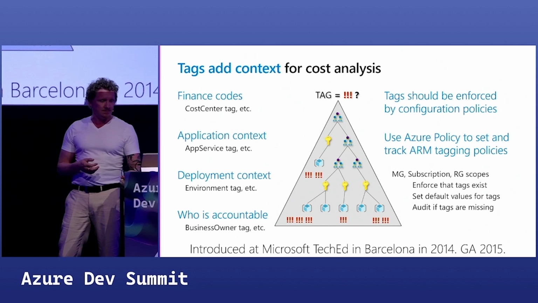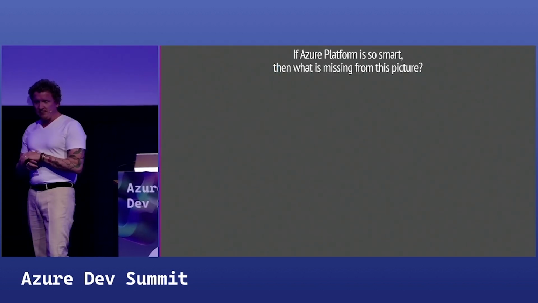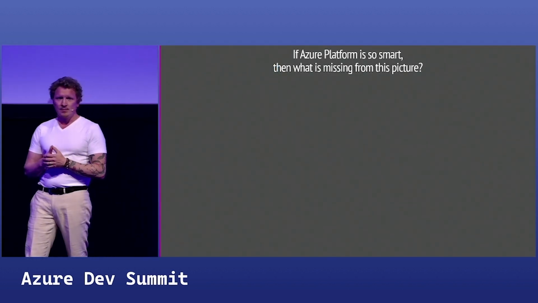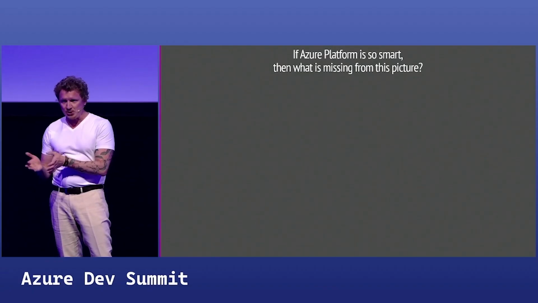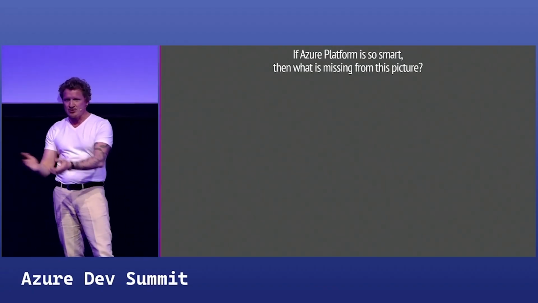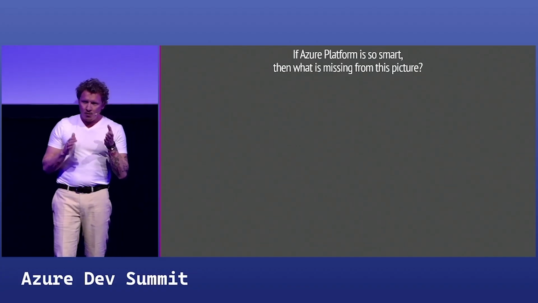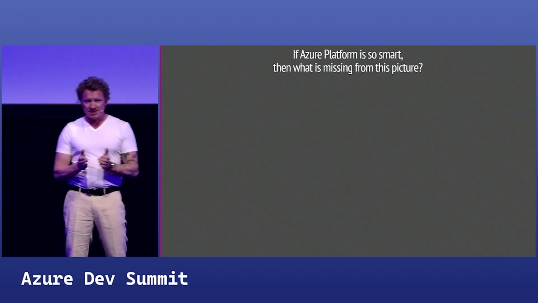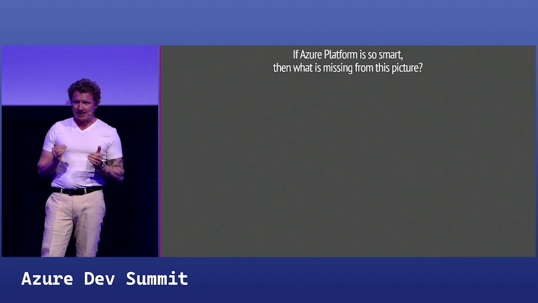But tags is also part of this story, so I wanted to pull that up as well. Now, with all of these very smart things that the Azure platform can do, all the tagging and all the subscriptions and management groups and all the Azure monitors and all the things, what is it that is missing from this picture? What is it that Azure can't do?